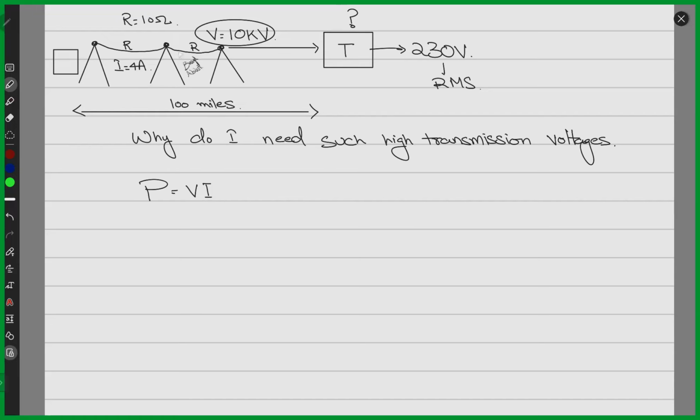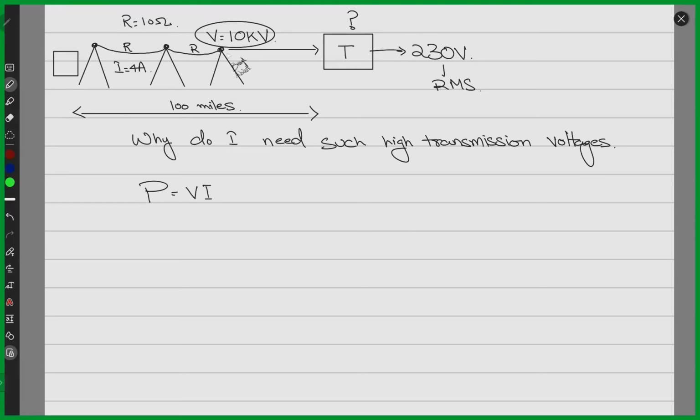Okay, let's see if I did not need a transformer, and I would send V equal to, suppose, 230 volts, and I don't use the transformer. I just send a 230 volts transmission supply.